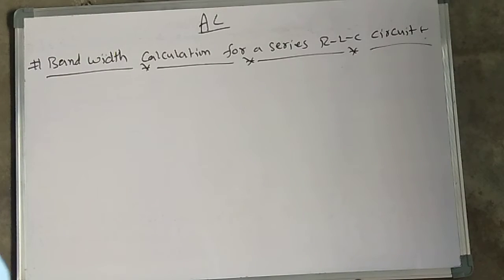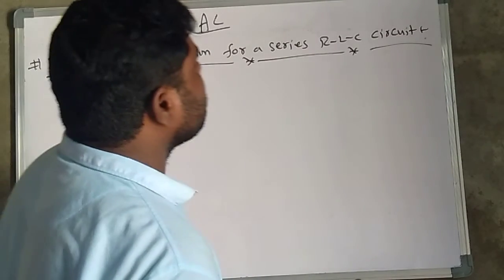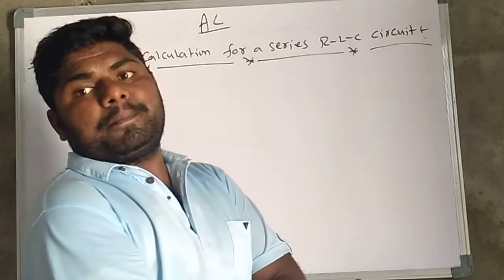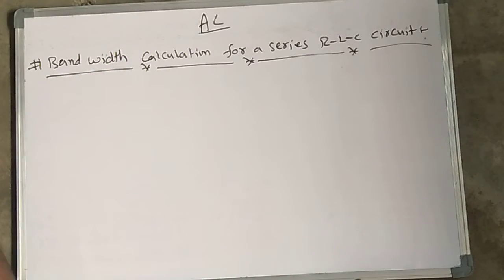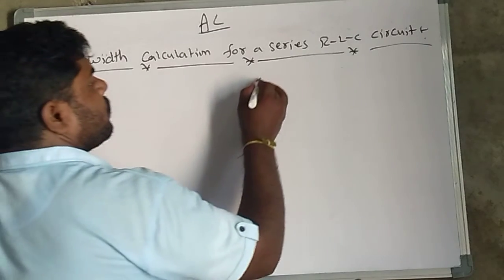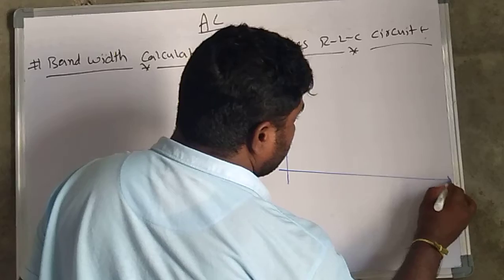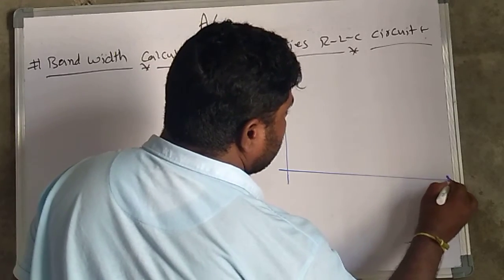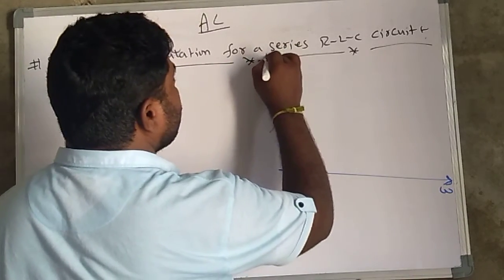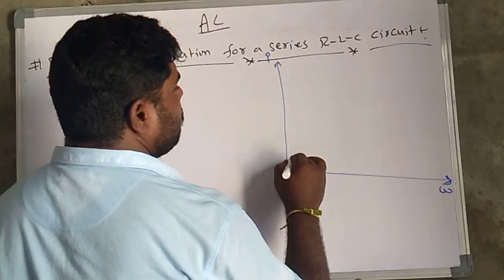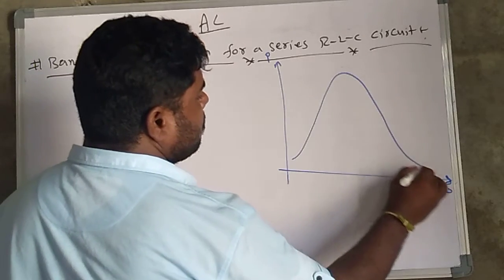Another important topic: bandwidth calculation for a series RLC circuit. Here omega value is on the x-axis and current value on the y-axis. This is a graph like this.